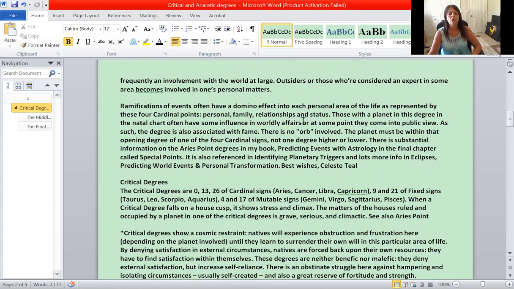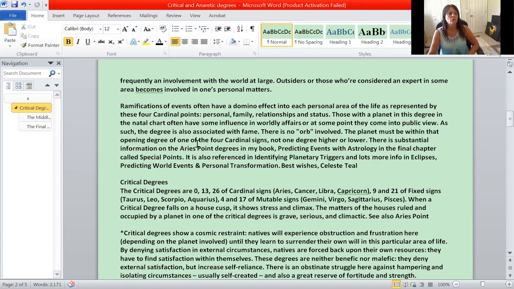Outsiders, or those who are considered an expert in some area, become involved in one's personal matters. They're right on those angles. Ramification of events often have a domino effect in each personal area of life, as represented by these 4 cardinal points: personal, which is the 1st house, family on the 4th, relationships on the 7th, and status on the 10th.